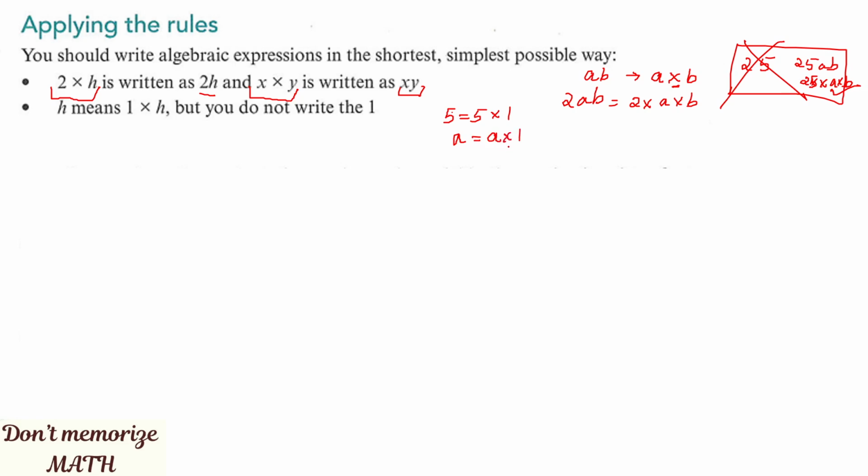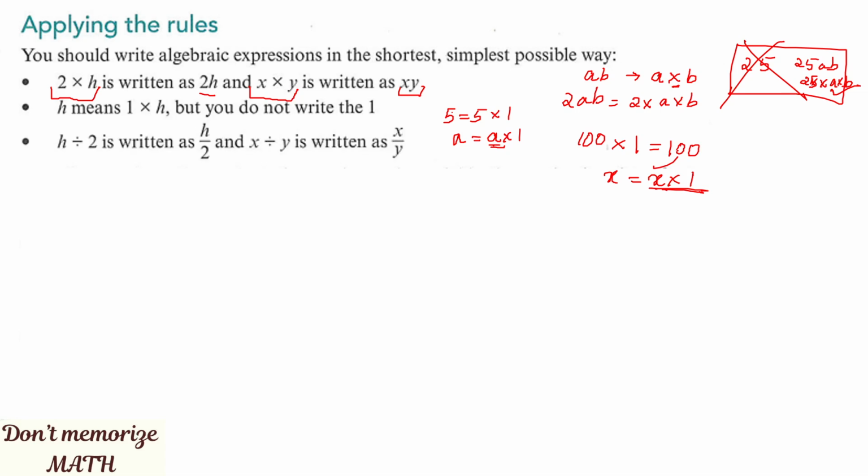Multiplying any number by 1 gives the same number. If you have x, x is the same as x times 1, so we won't write it like this. We will just write x, because x is representing some number, so it's enough to write only the letter.